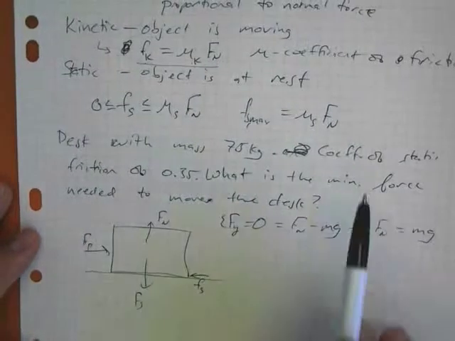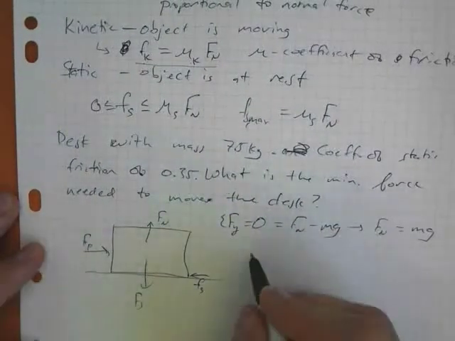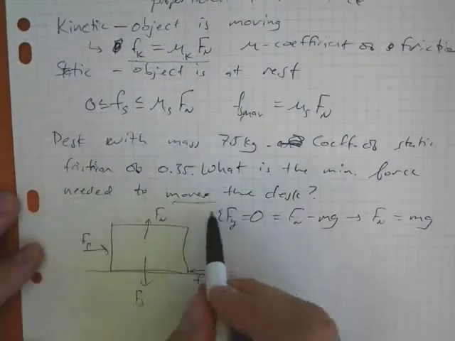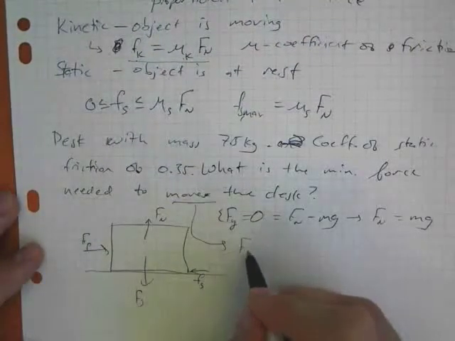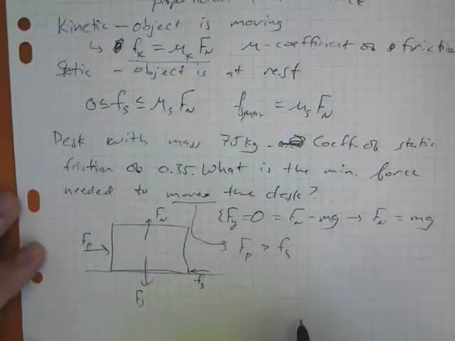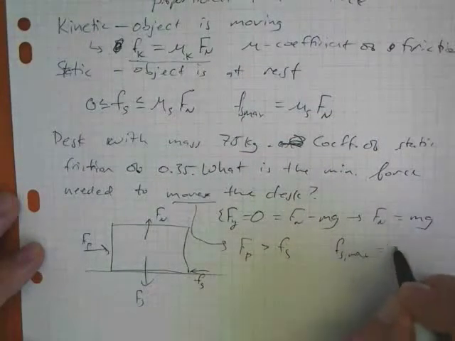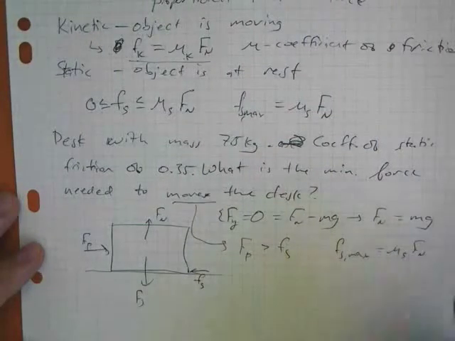The minimum force needed to move the desk, well, that means that in order to move the desk, the force of the push has to be greater than the static frictional force. And we know that the maximum value of the static frictional force is equal to mu sub s times normal force.